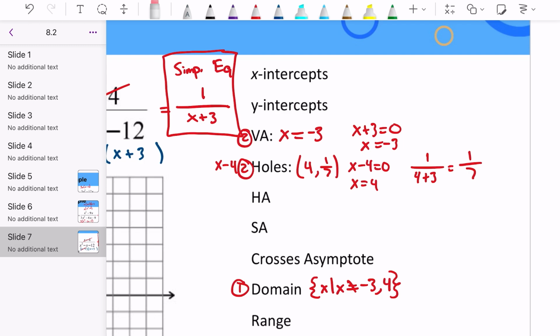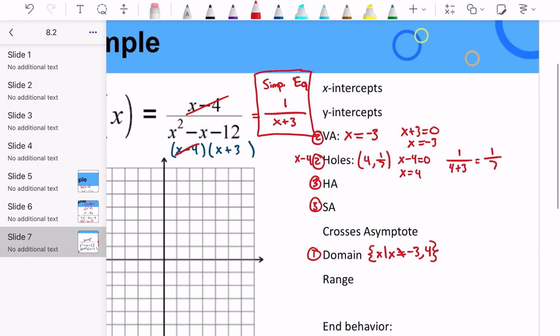We'll go ahead to step 3, which will be our horizontal asymptote and slant asymptote. To begin with our horizontal asymptote, we're going to take a look at our original equation.